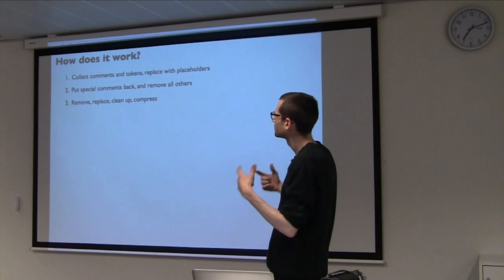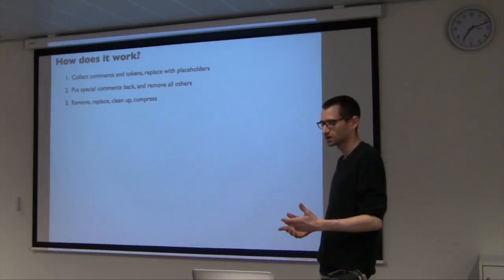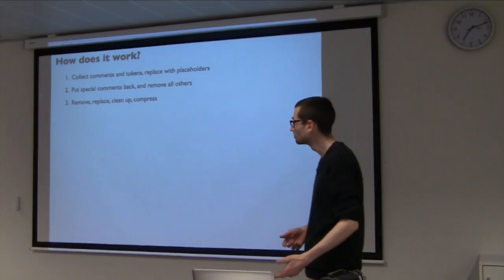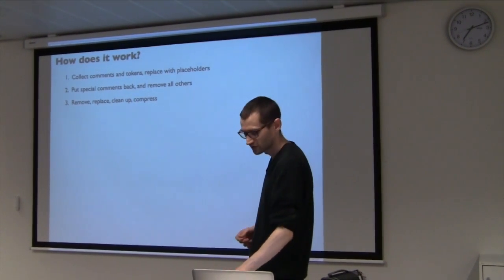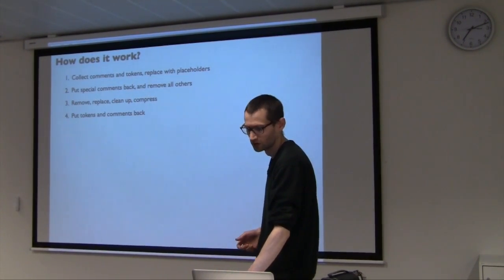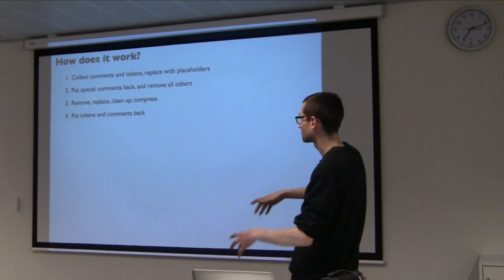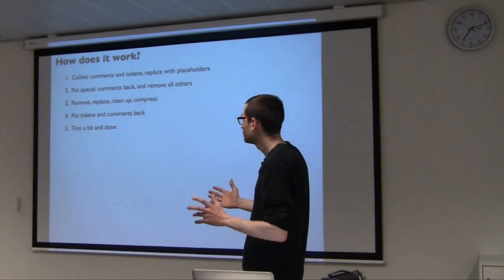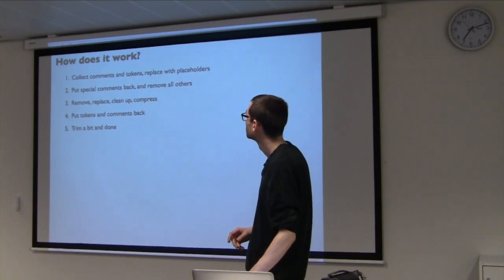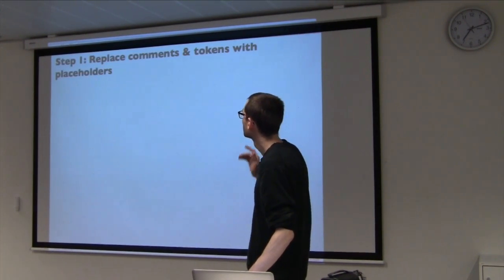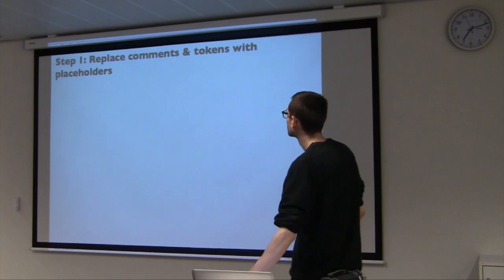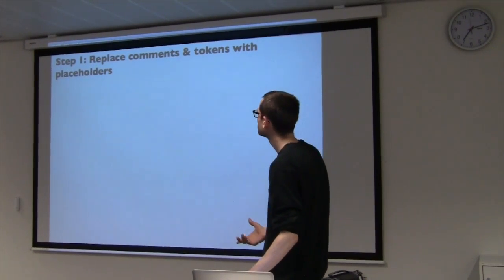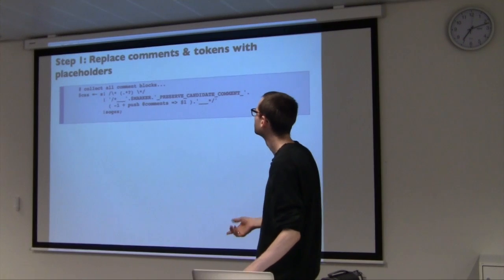After the cleanup to make sure that nothing that's legitimate is removed, it mutes everything else that's not needed anymore. And in the end, it puts the things back that you actually want in the output, trims a bit, and that's it already. So, step one with regards to collecting all the things out of the CSS that you might want.